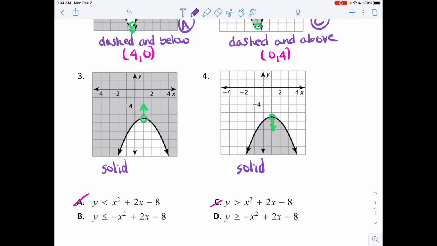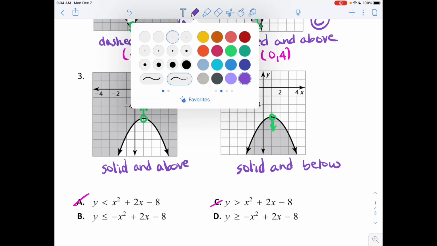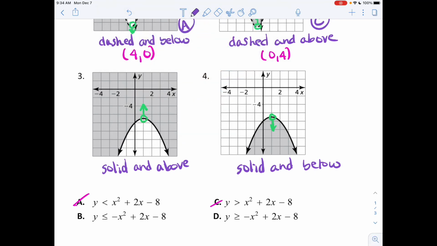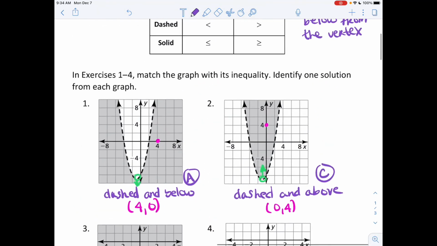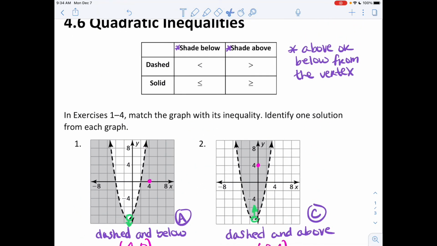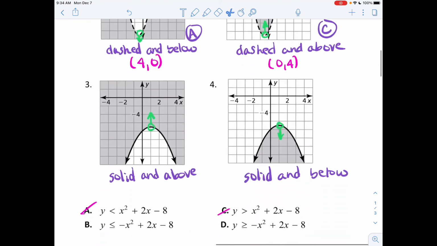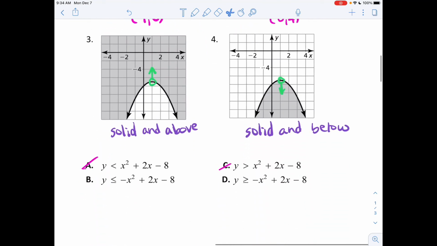So we are solid and above, solid and below. We have solid and above on number 3. So solid is here, above is here. So we have a greater than or equal to. So greater than or equal to, that is D.